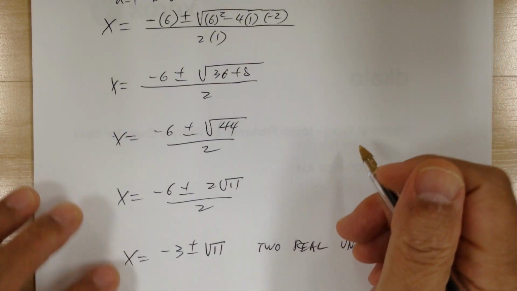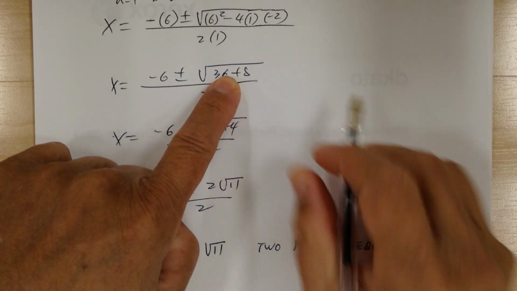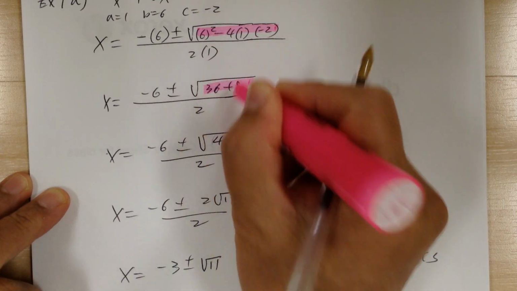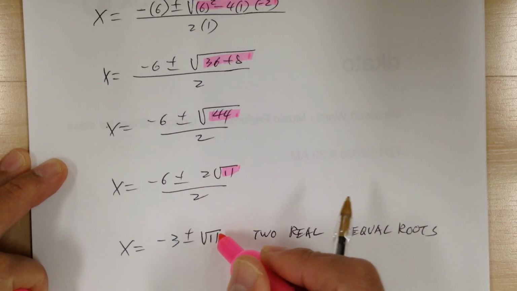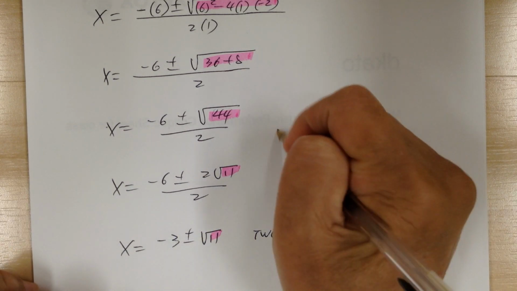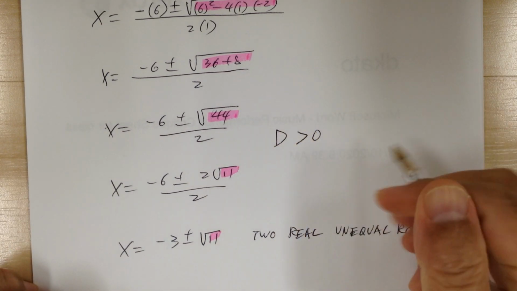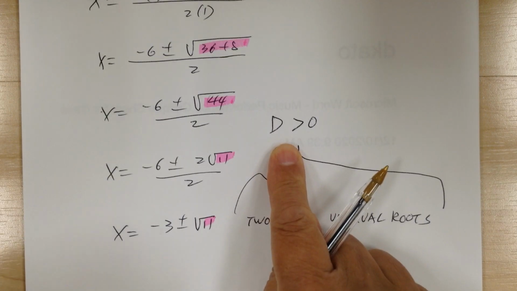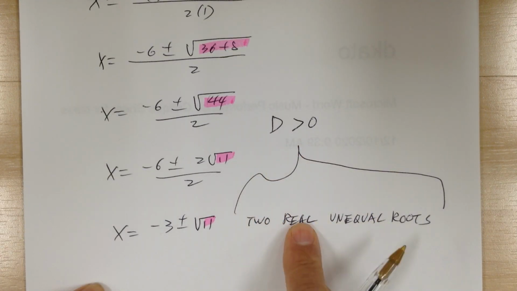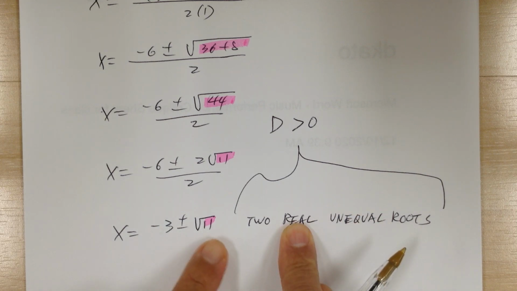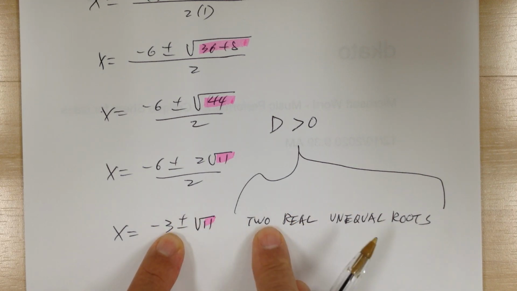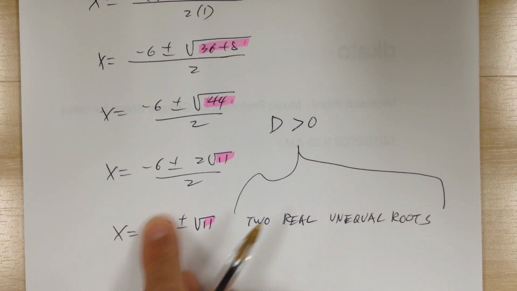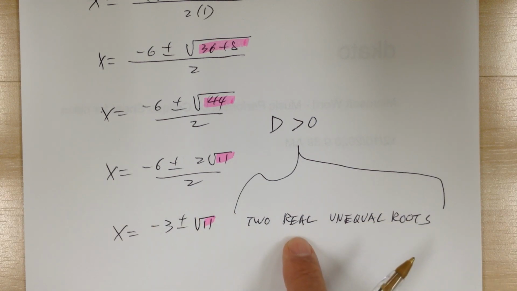Notice this part over here, that's the D. So when D is greater than 0, you're going to get real roots, and it's going to be 2 of them because it's a plus or minus, and they're going to be unequal because one is plus, one is minus. When you add and subtract, you're going to get 2 real unequal roots.